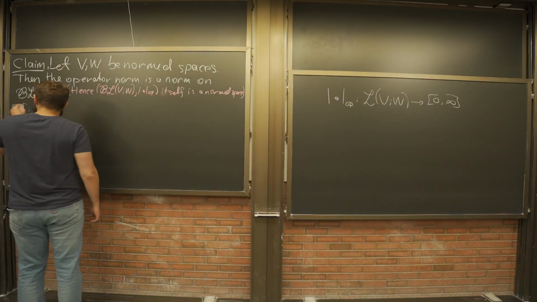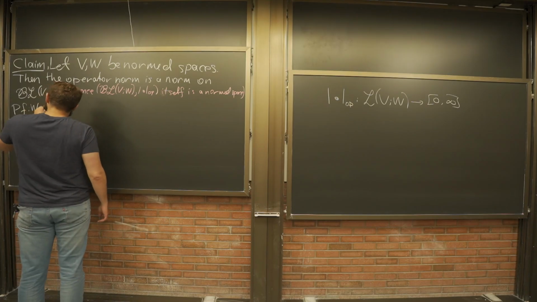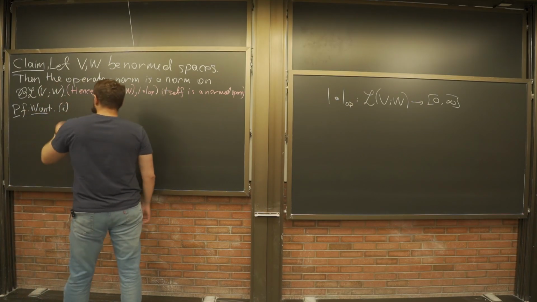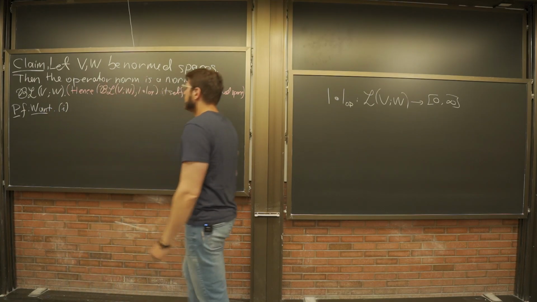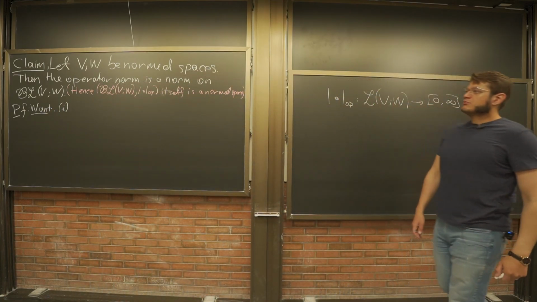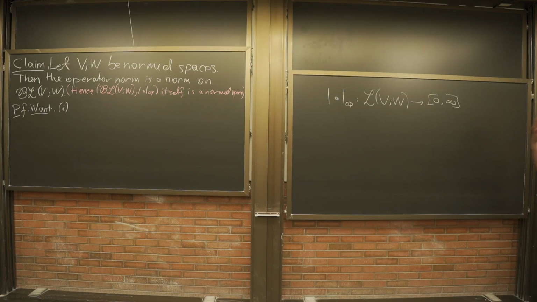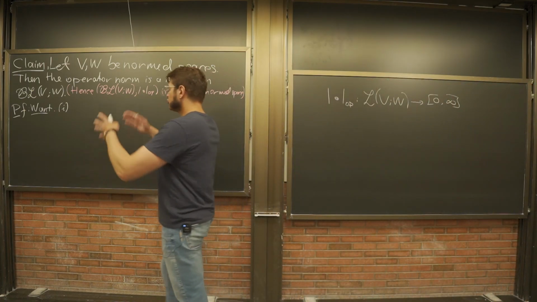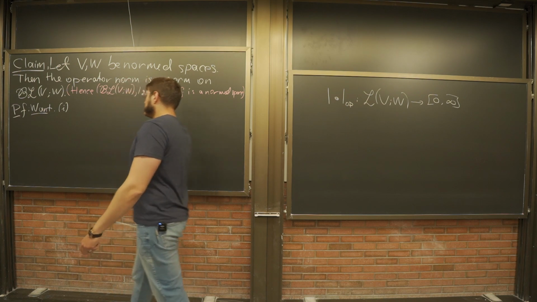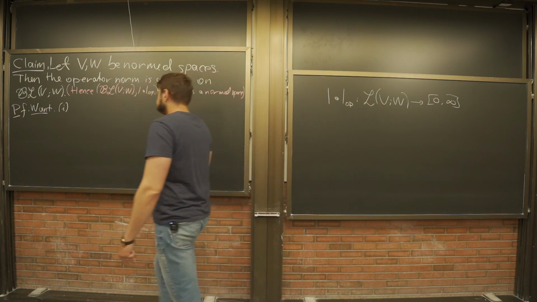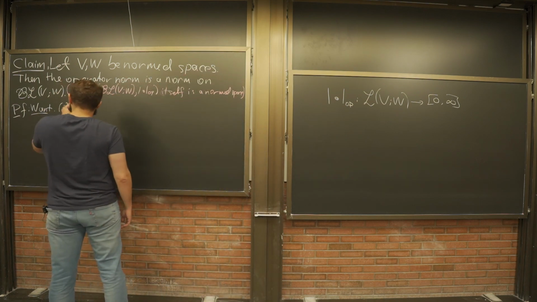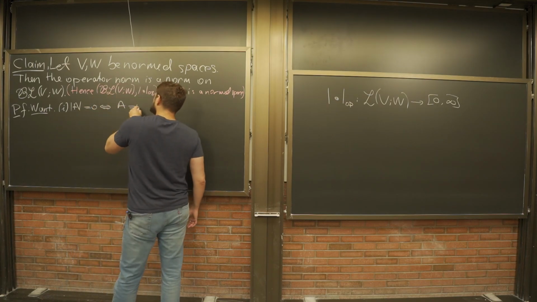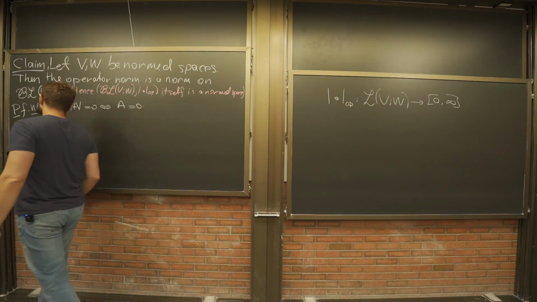We want three things. First of all, I need that an operator is the zero operator, that is to say, the operator that takes any vector whatsoever to the zero vector in W, if and only if its operator norm is 0. That's the first item we need to verify.